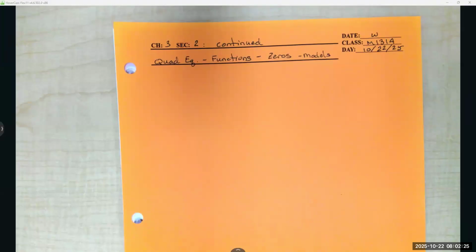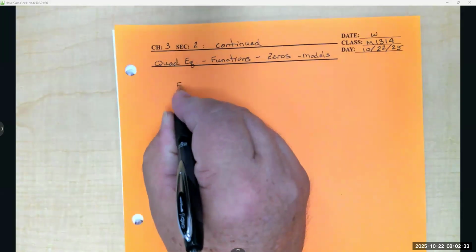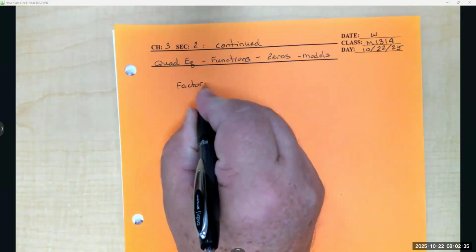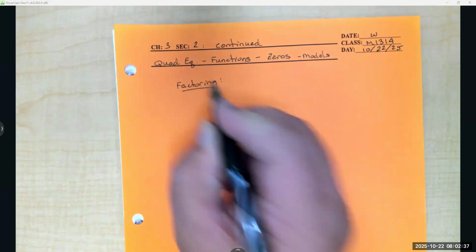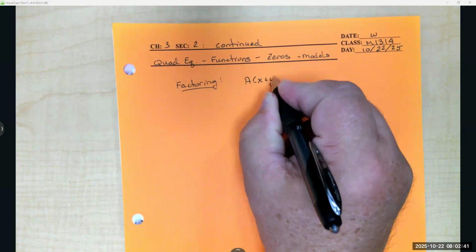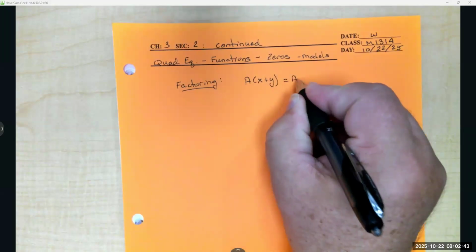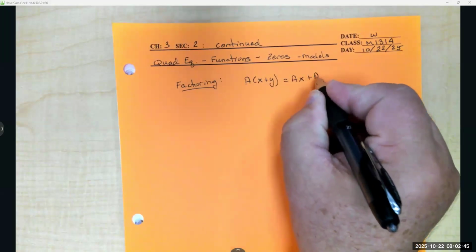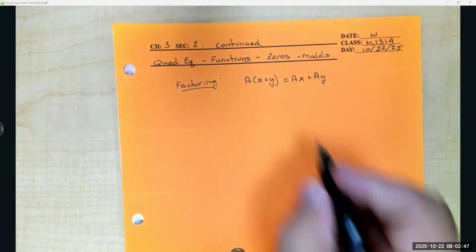Good. All righty. We left off last time talking about factoring, and factoring we learned from the distributive property. That's the distributive property.